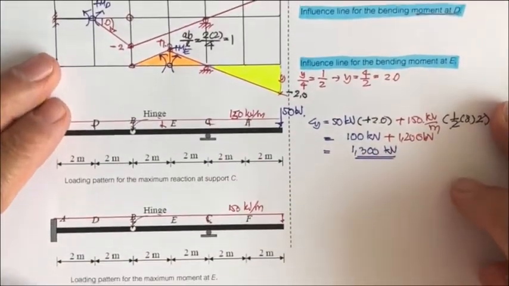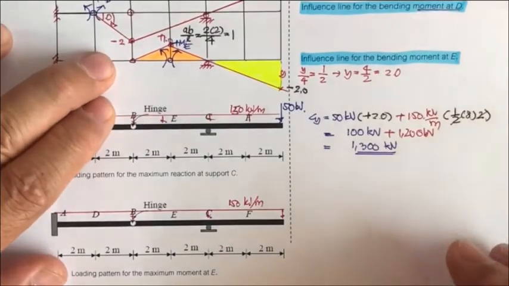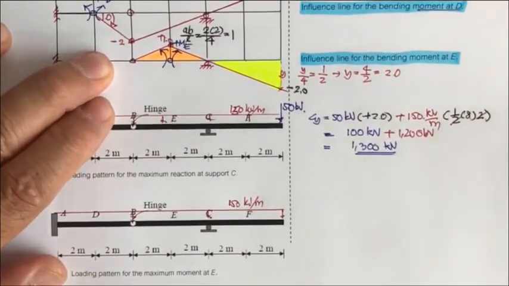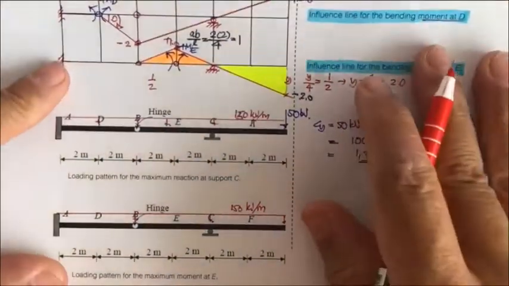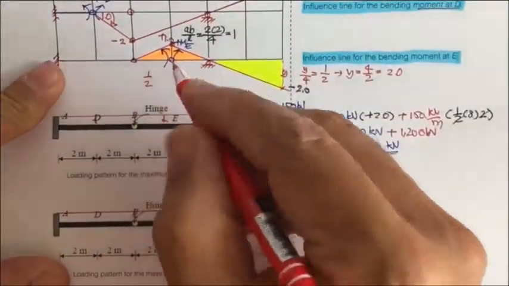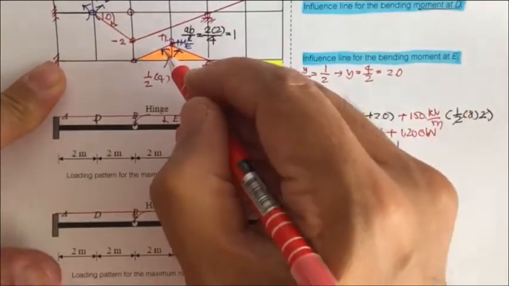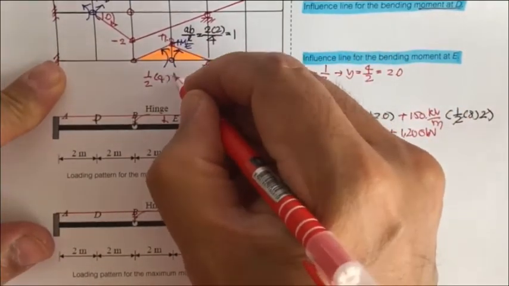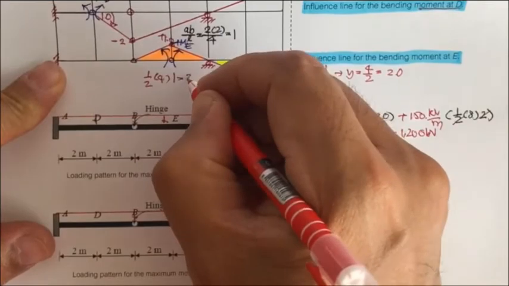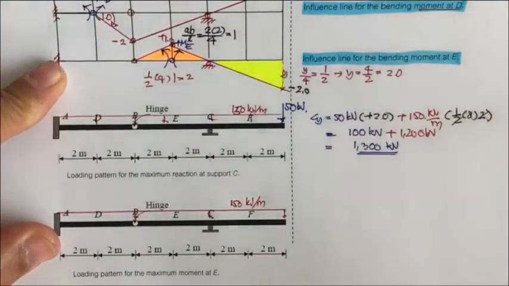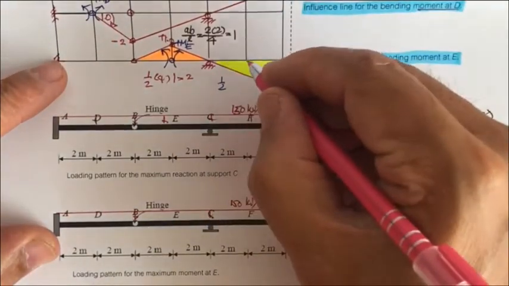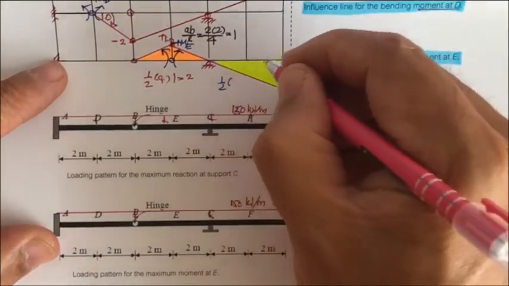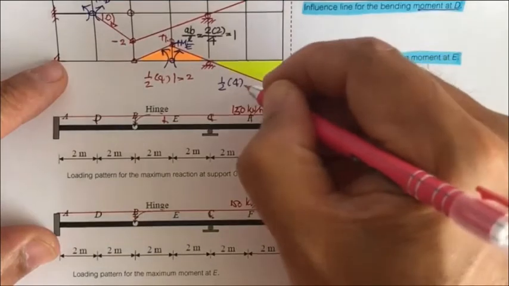Okay, and then we can consider the influence of this. This is going to be 1/2 of 4 meters, and then times this one for 1. So this one is going to be 2. Okay, the area is 2. This one is 1/2 times 2 plus 2 times 4 and times 2.